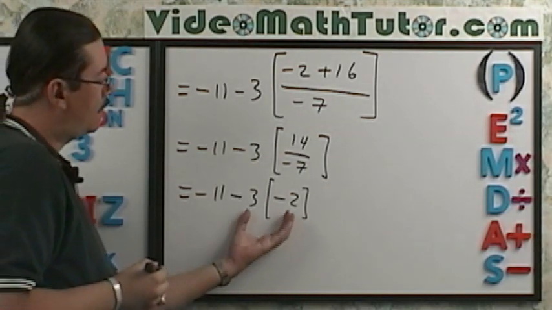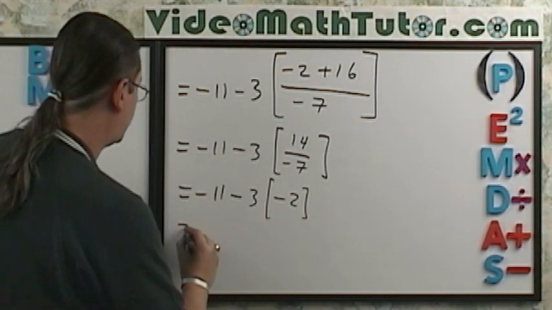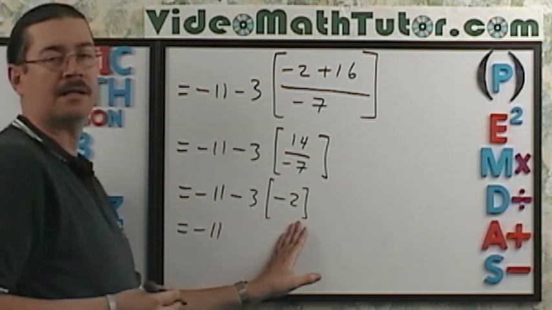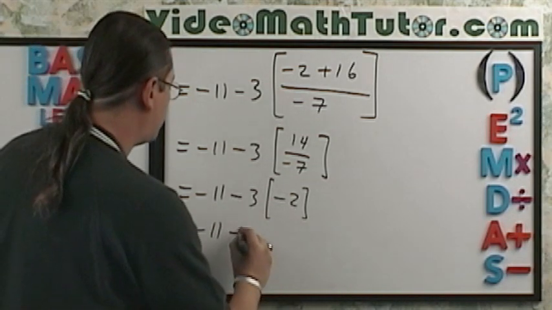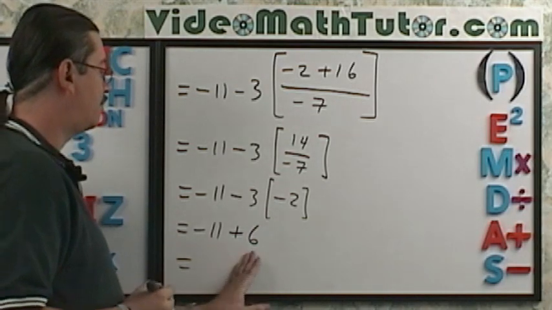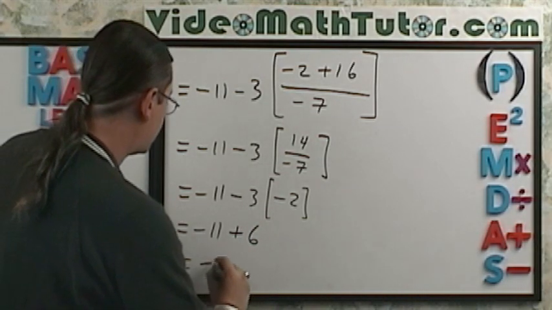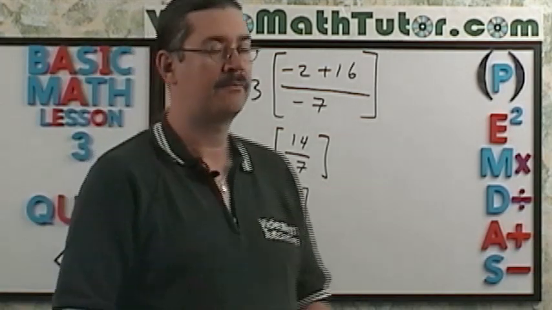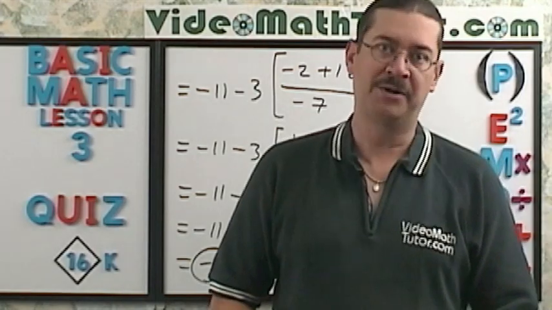And for this, here we have multiplication. So you can actually think of this as a negative 3 times a negative 2. So that's going to give us positive 6. Negative 11 plus 6 is negative 5. Whew, we're done.